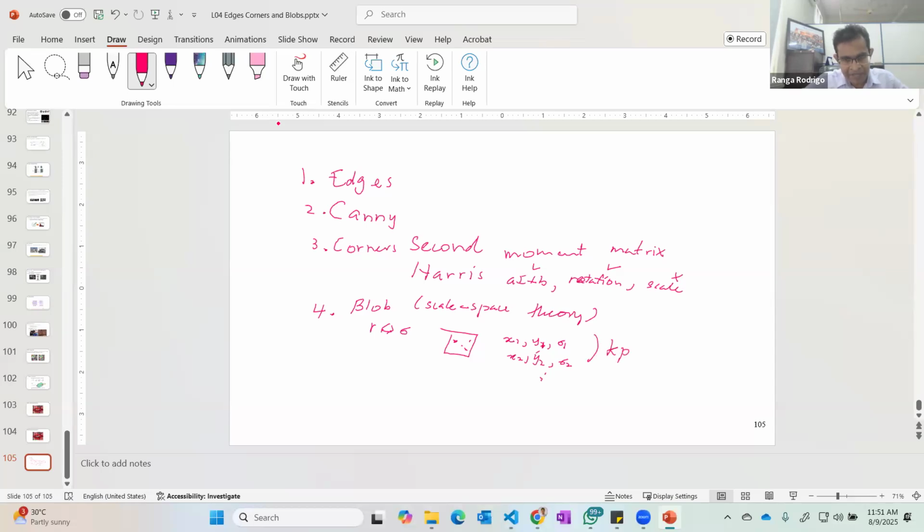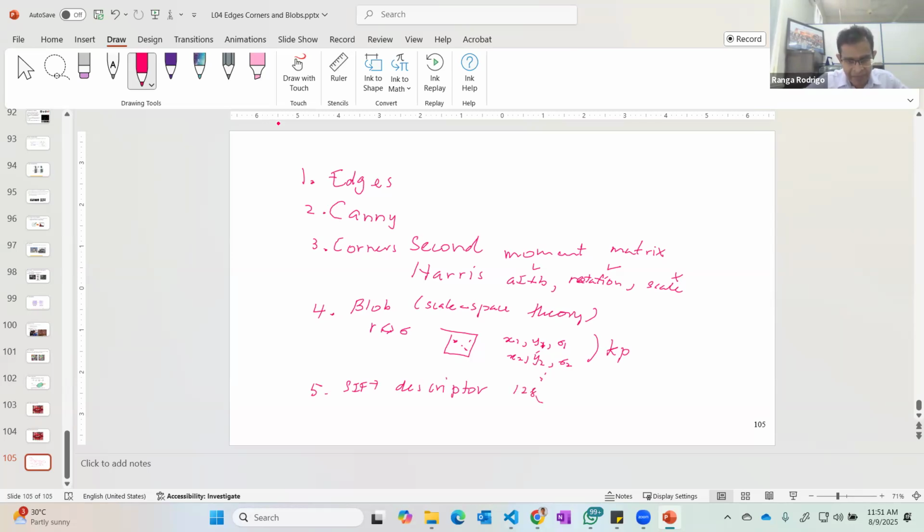But key points do not allow you to match them. To match them, you need a descriptor. Then we understood how to compute the SIFT descriptor, and it's a 128-dimensional one.